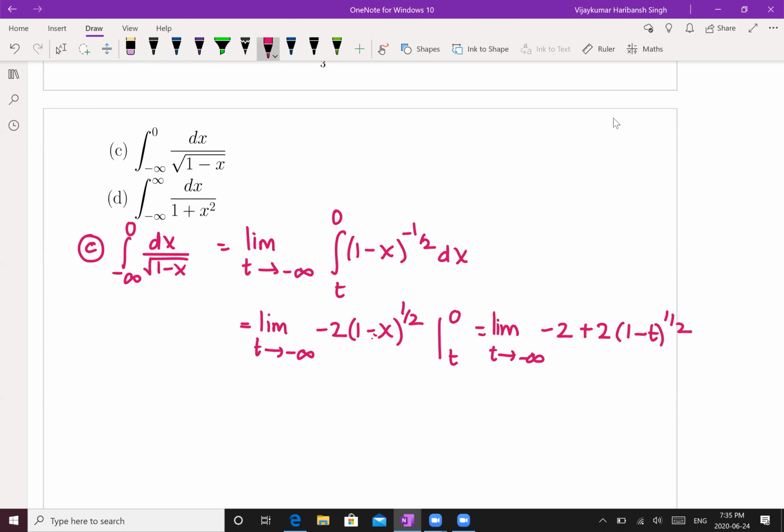As t goes to negative infinity, minus 2 is a fixed quantity, so that is fine. However, this part, as t goes to minus infinity, 1 minus t goes to plus infinity. And the square root of that also goes to plus infinity. So the answer is infinity. So therefore, this integral is divergent.